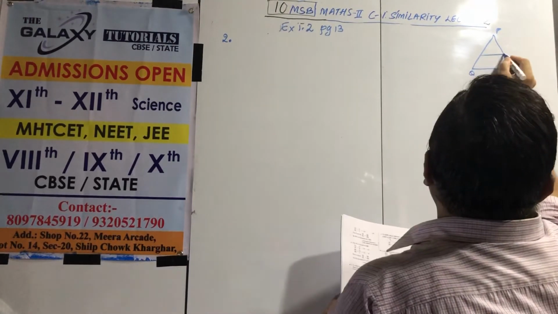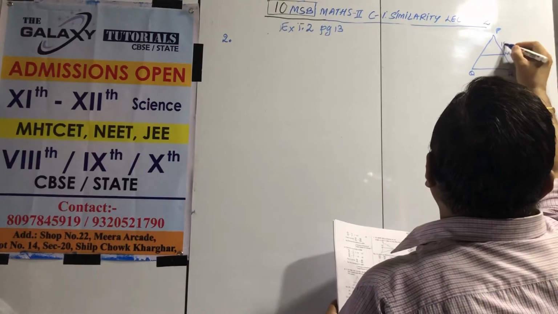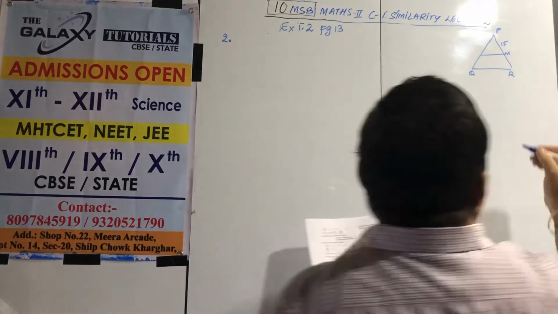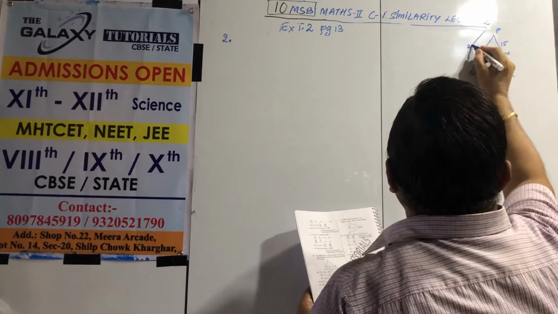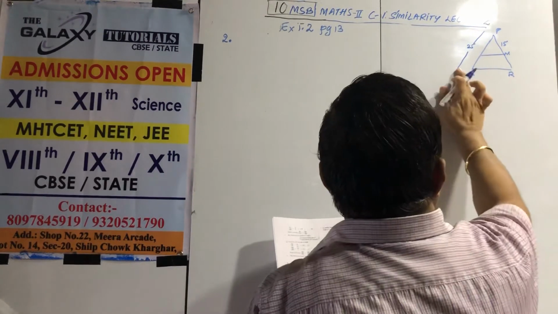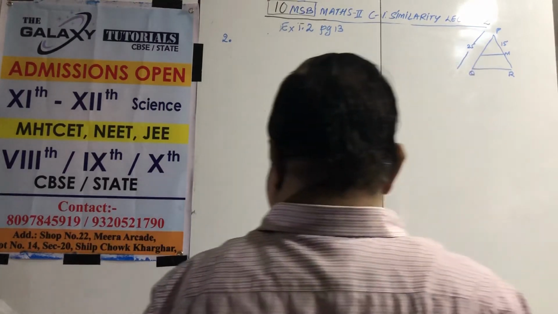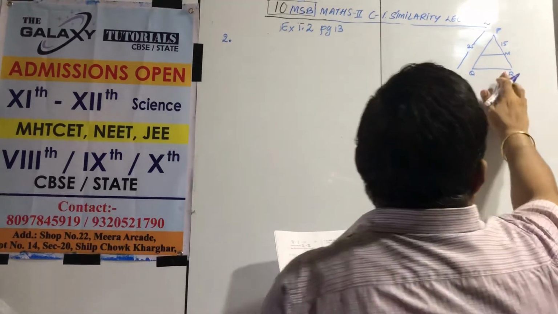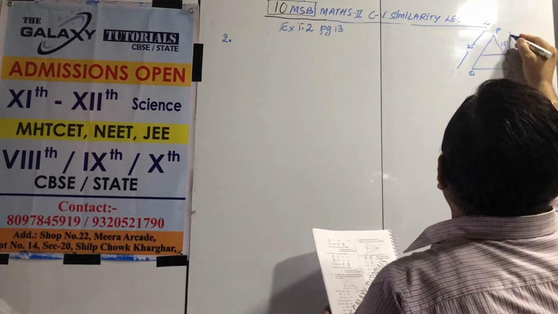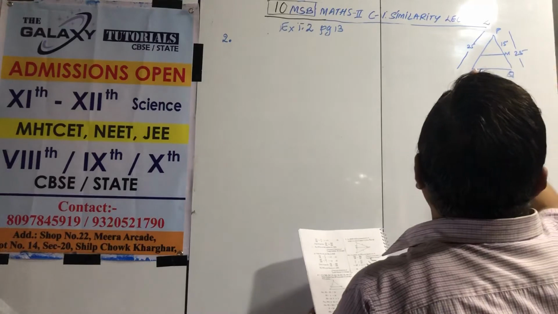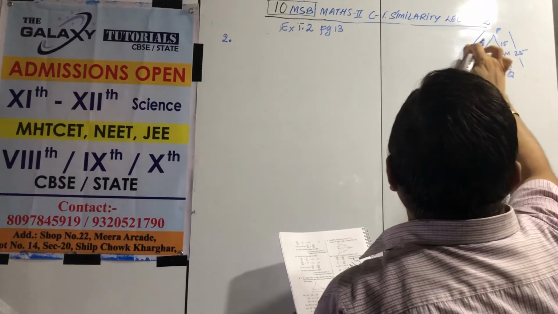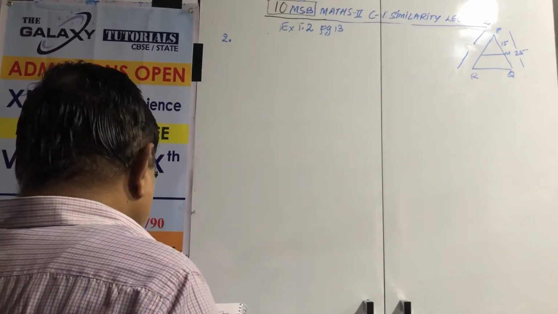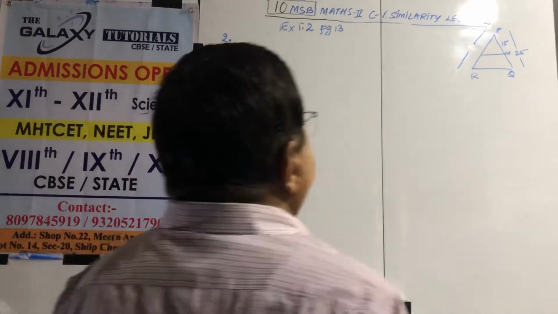So here I have a line, I have an M, and they have given this to me as 15. PQ is 25. And PR is 20.